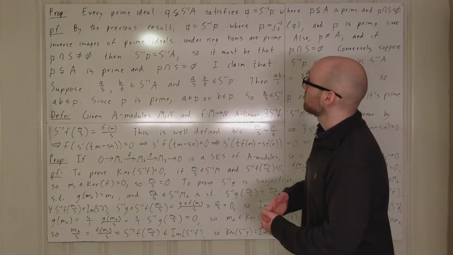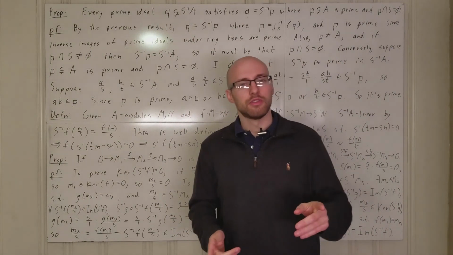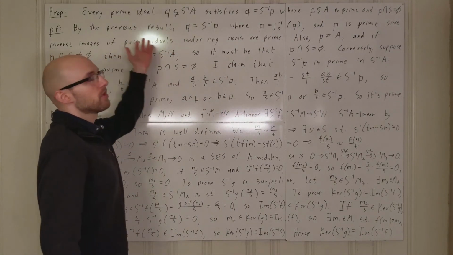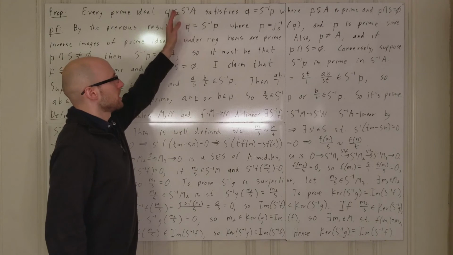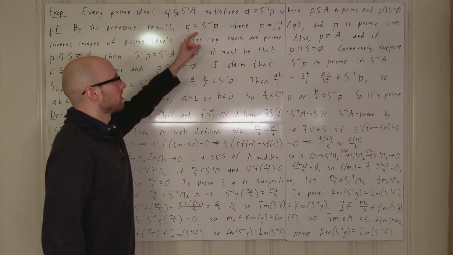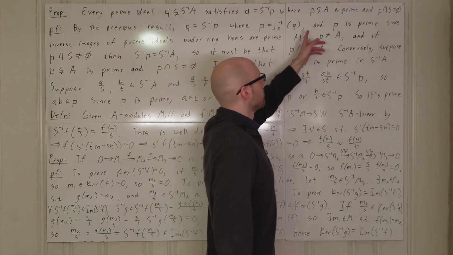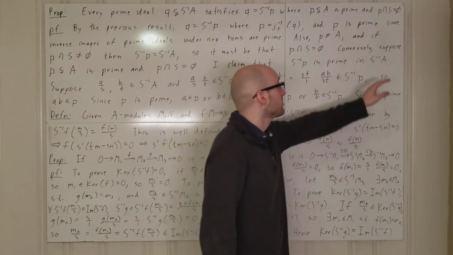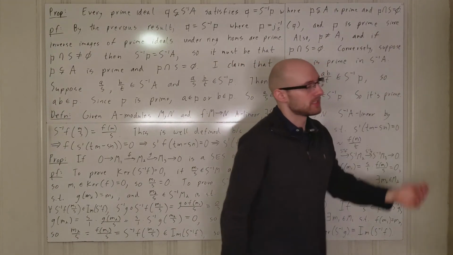But it turns out the same thing happens for primes almost. There's one catch. So the proper prime ideals of S inverse A are of the form S inverse P, where P is a proper prime ideal of A such that its intersection with S is empty.